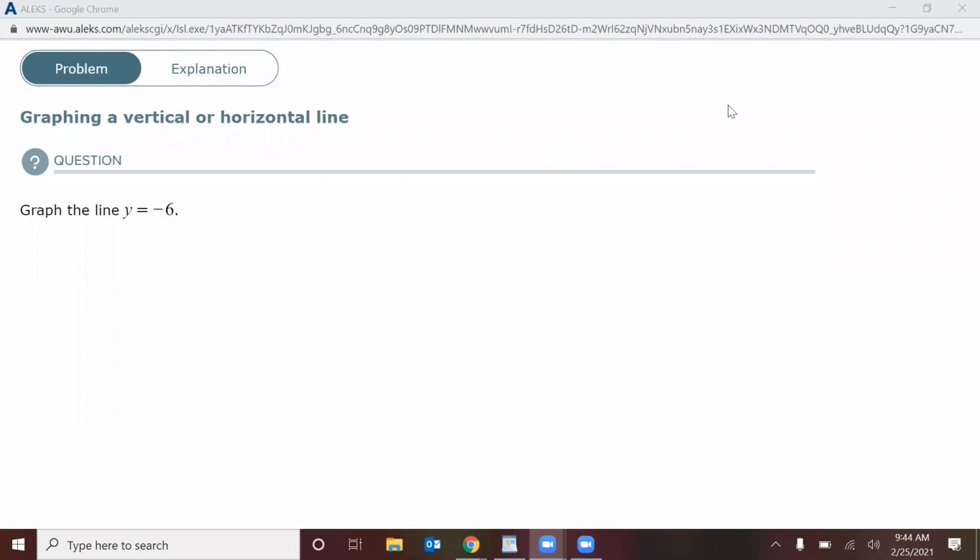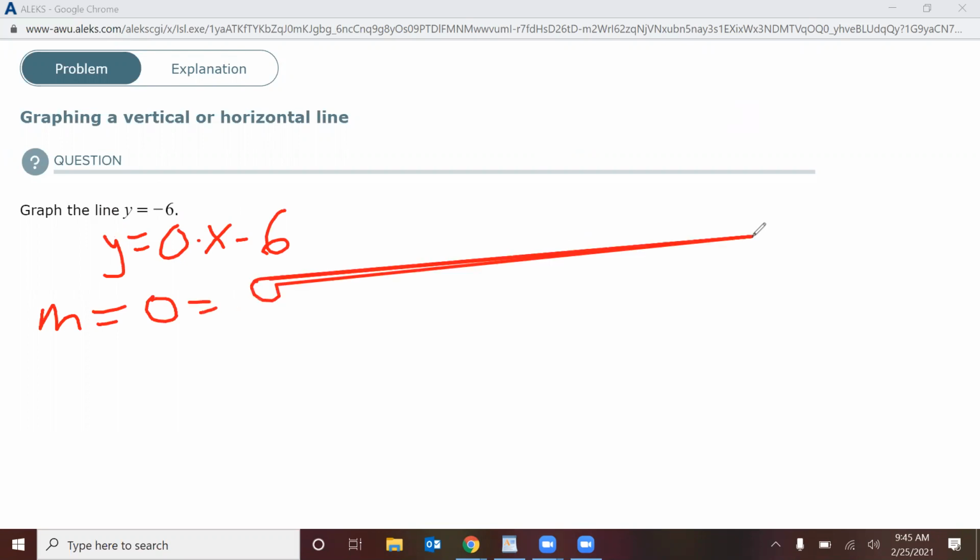Now, what about this equation? This one only has y. It doesn't have x. I can think of it like this if I want to: y equals 0 times x minus 6. Since 0 times x is 0, this equation is equivalent to that one. And therefore, the slope is 0, or 0/1.